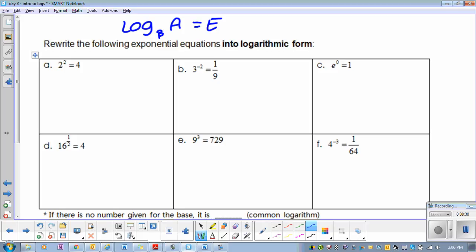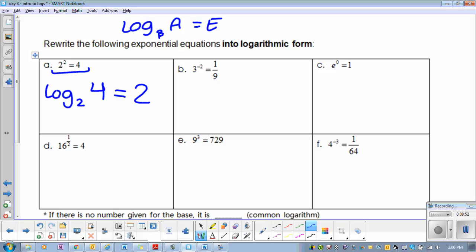So when you're going from this into log, I have to write log first of all. What is the little base number? What's the base number from here? 2. What's the answer number from here? 4 equals, what's my exponent? 2. That's it.